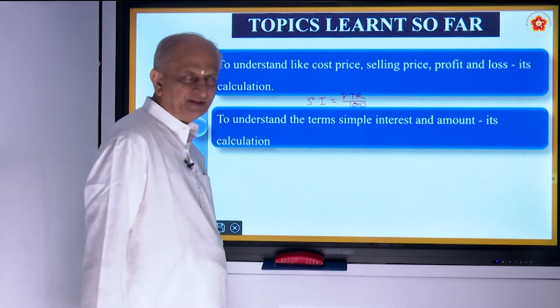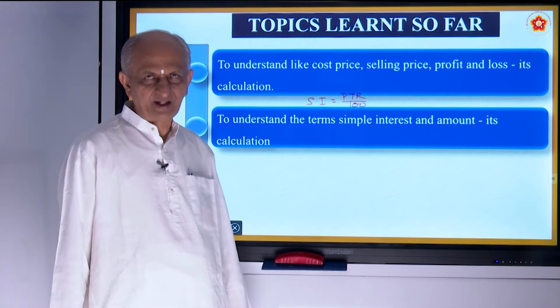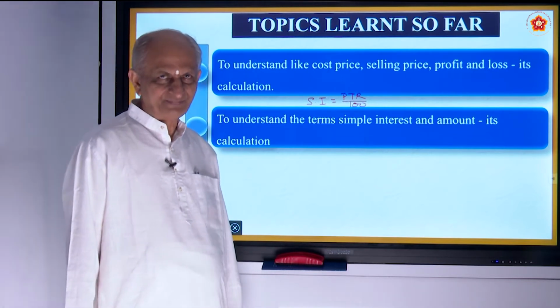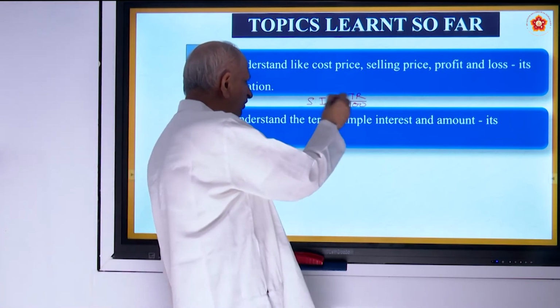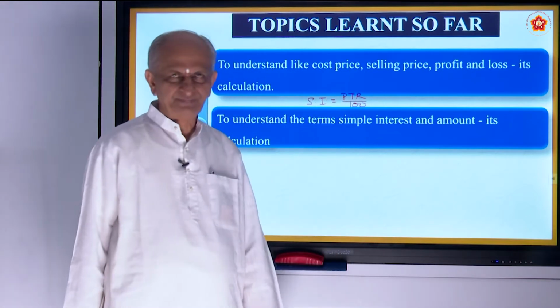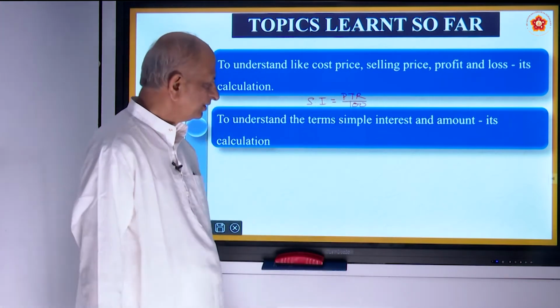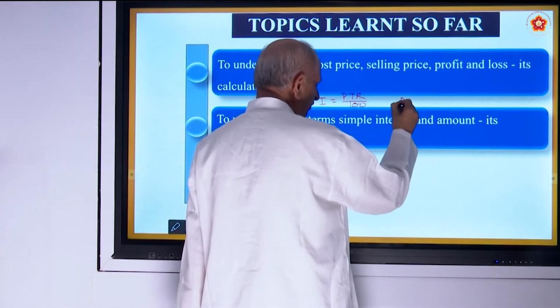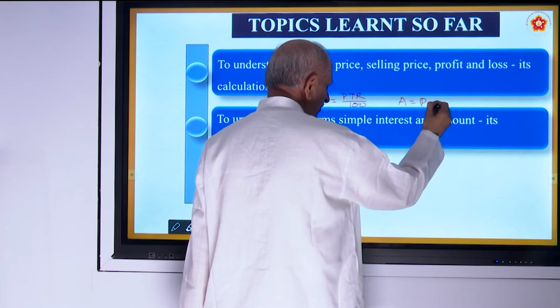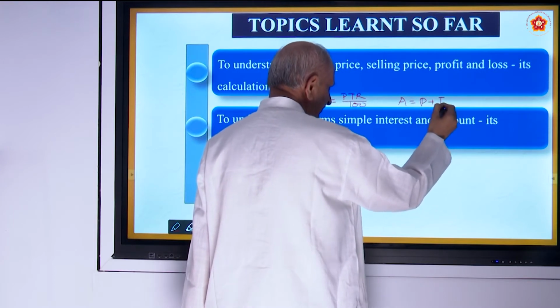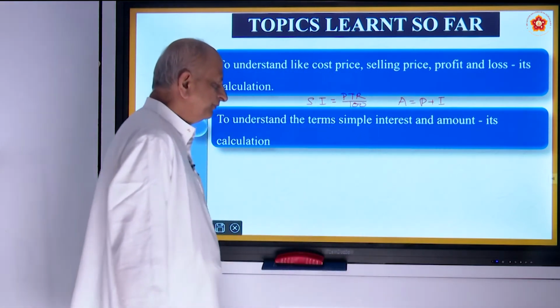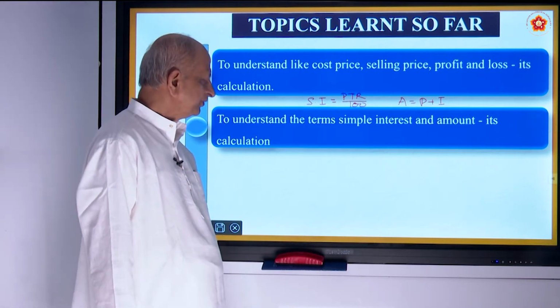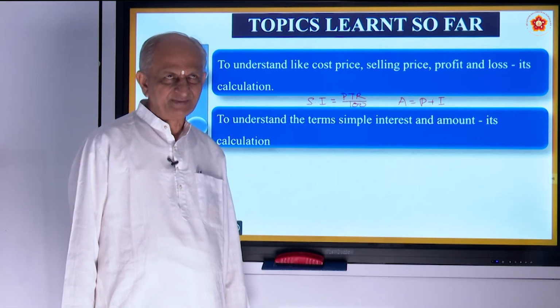What is T? Time, number of years. R means rate. In these 4 items, if you are given any 3, you can work out the 4th one. And also the formula for amount, A is equal to principal plus interest. Correct? And also you have worked out some problems on that.